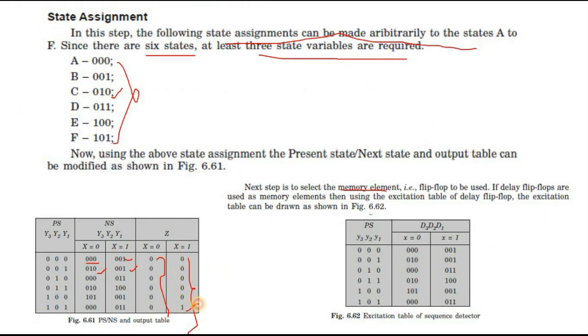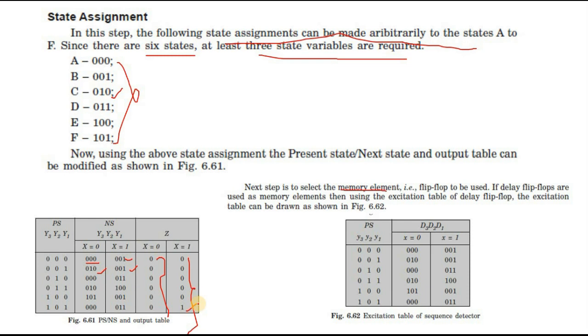These are the outputs. So once we have done this, present state and x equal to 0, x equal to 1, those are the inputs. So that is called the excitation table of the sequence detector.